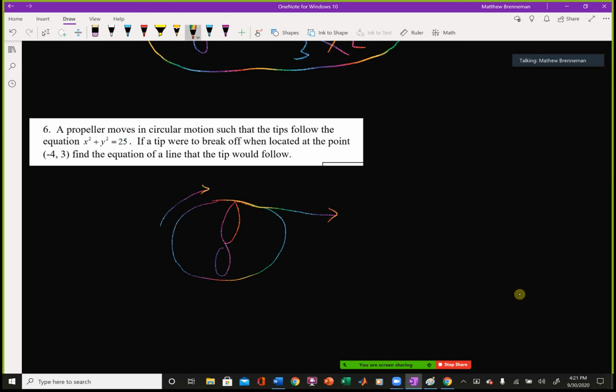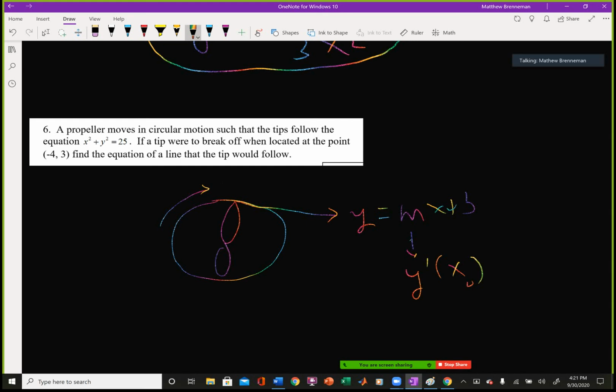So this is the motion. So if you're swinging something around and the rope breaks, the thing doesn't go flying off. It keeps going along the tangent line, okay? So this is the line that we want. Okay? And we know what m is. M is going to be y prime at whatever our x value is.